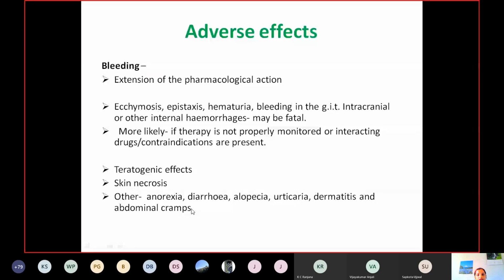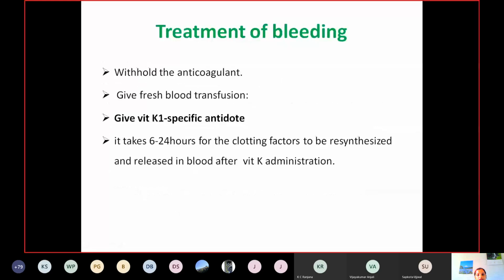How will you treat a patient who has bleeding due to warfarin? You have to stop the drug immediately, or withhold the anticoagulant, and give fresh blood transfusion. If there is heavy bleeding, the patient may have a deficiency of blood, so you have to give fresh whole blood transfusion, or you can give frozen plasma transfusion.